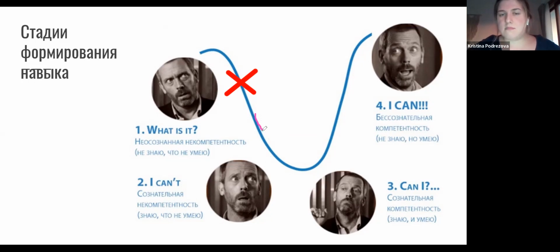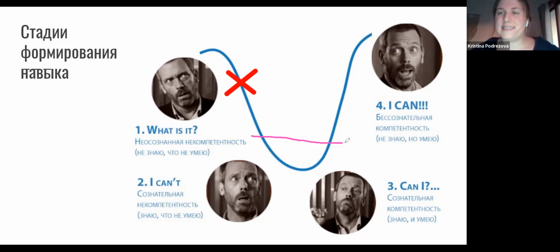After some time learning and practicing the skill, you come to a downside here. Usually here people stop learning. They say, okay, it's not for me, it's too difficult. They give up.